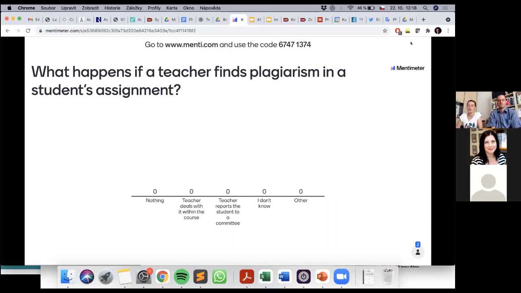Or maybe you don't know, or there might be some other options, which we would then be interested in hearing about via chat from you.